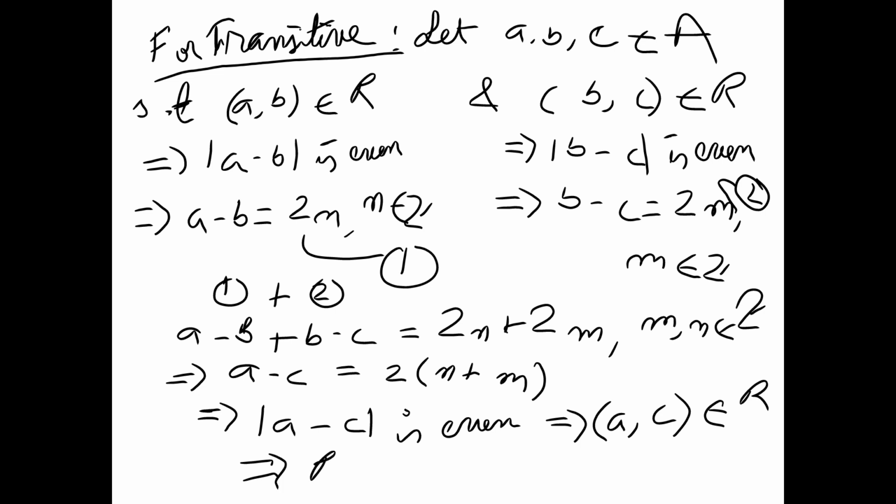R is transitive. R is symmetric, reflexive and transitive. That means R is an equivalence relation.